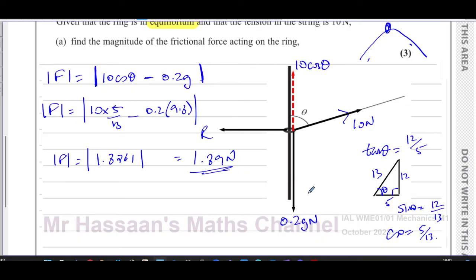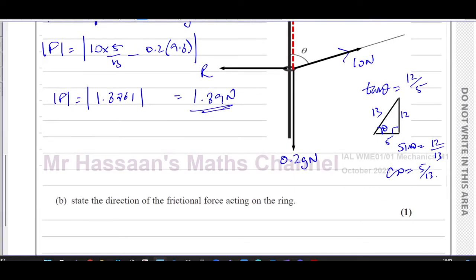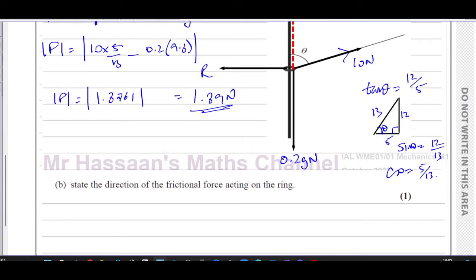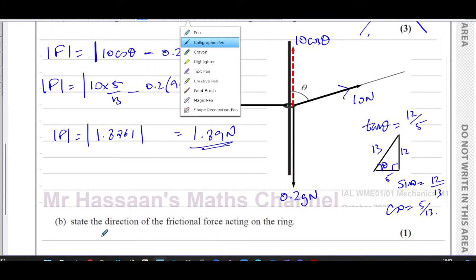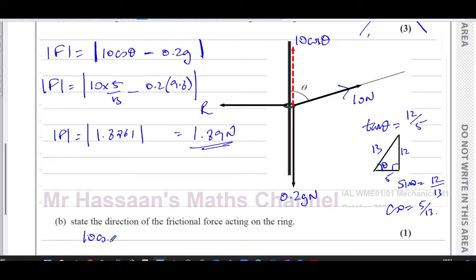Now we can see that because this is bigger than that, the friction must act downwards. Why? Because 10 cosine theta minus 0.2 times 9.8 gave us a positive value. It says state the direction of the frictional force acting on the string. We can see that the upward force, 10 cosine theta, is greater than 0.2 g.